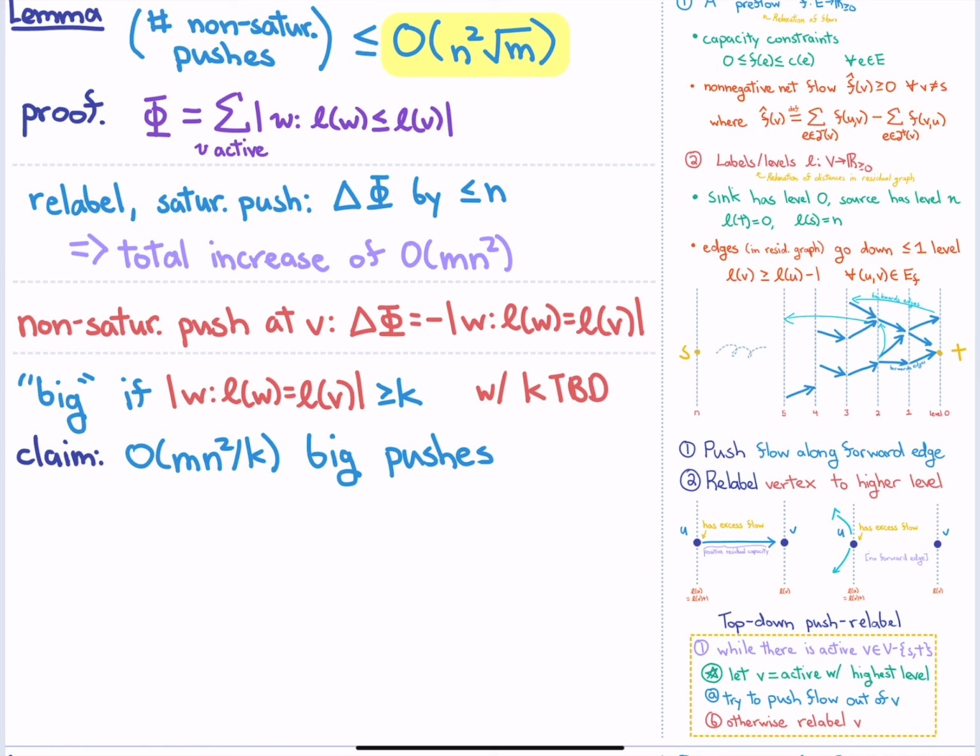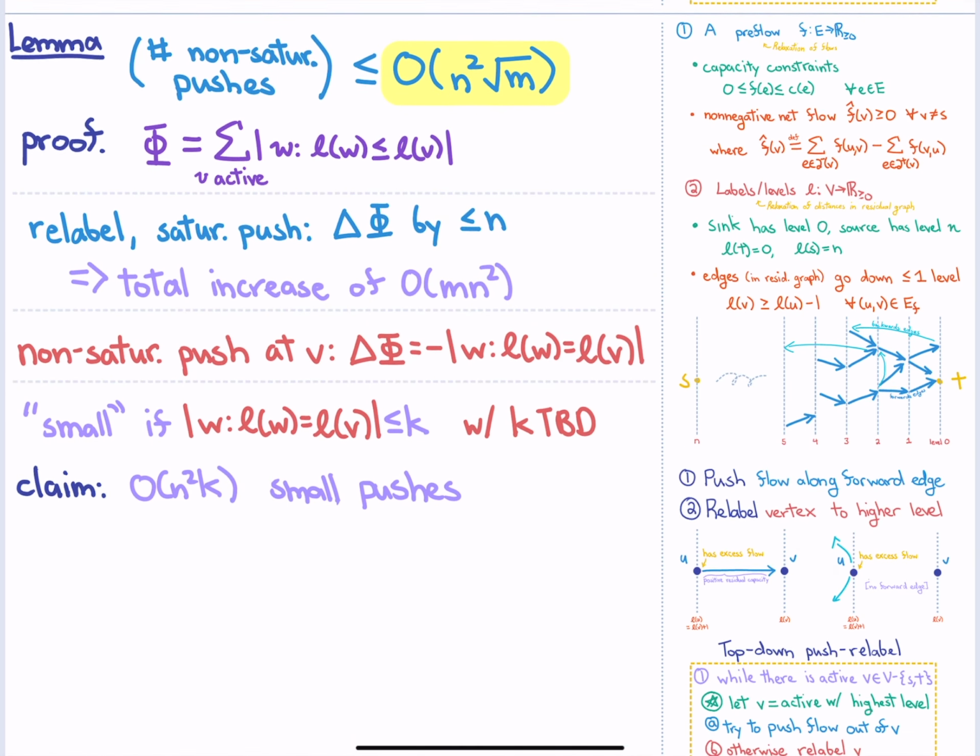So the potential goes down by at least k. And how big could the potential be? mn squared. So big pushes will decrease the potential by more. So you have at most mn squared over k big pushes.